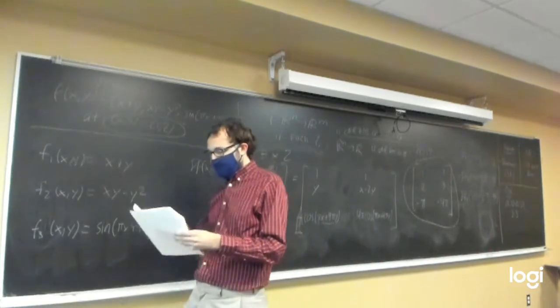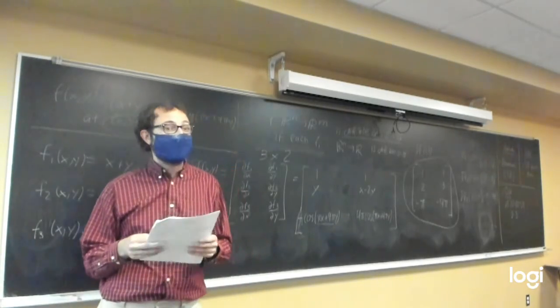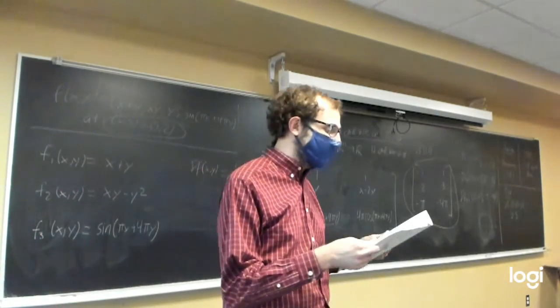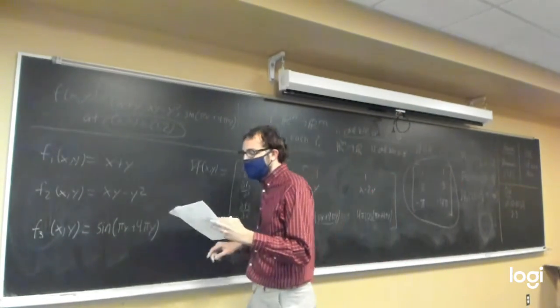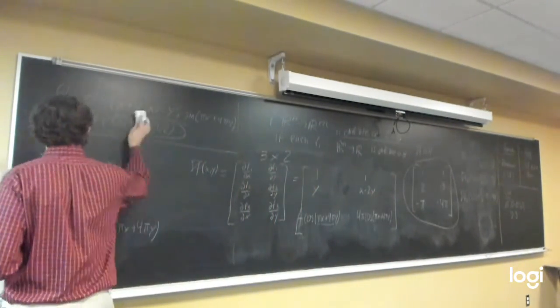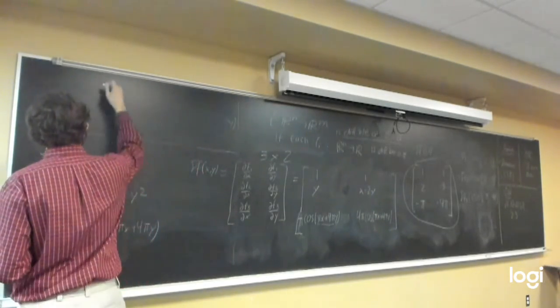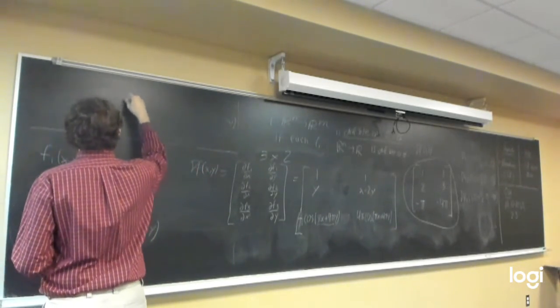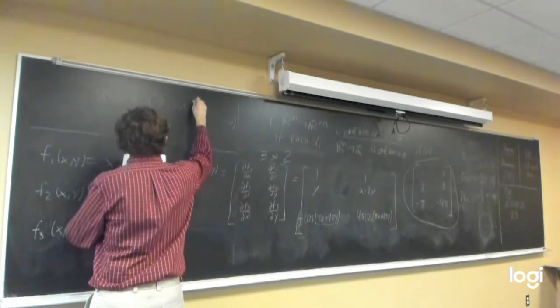So what I'd like to do now is there's a question on the last page of the packet, and I'd like you all to take a few minutes to see if you can do this one yourselves. We're looking at the function g of xy equals x over y, comma, negative x squared y.